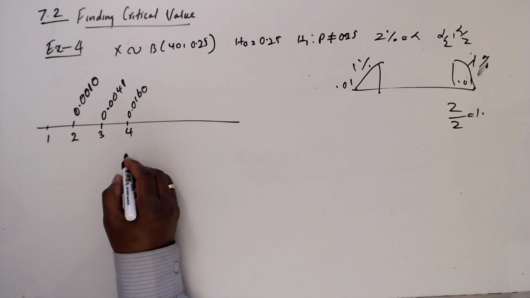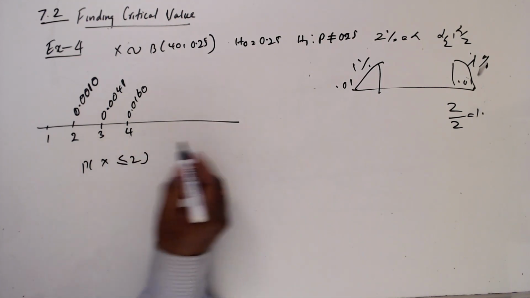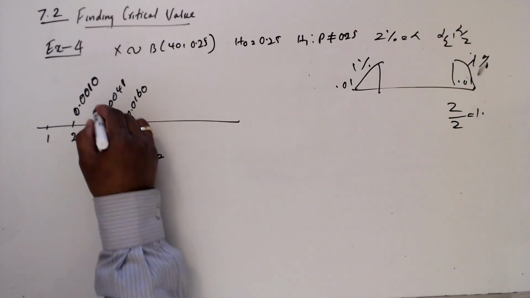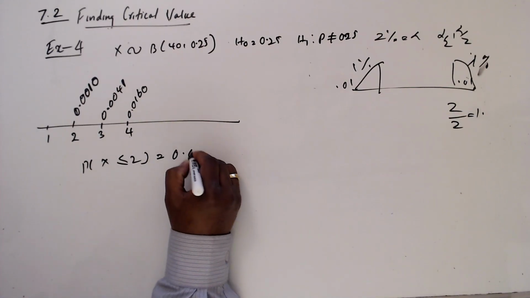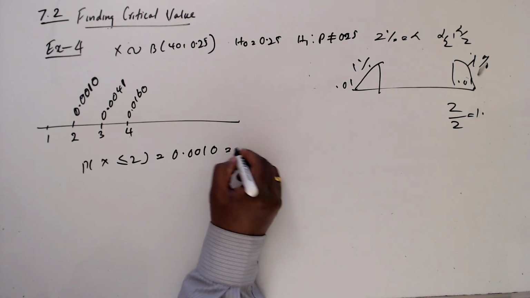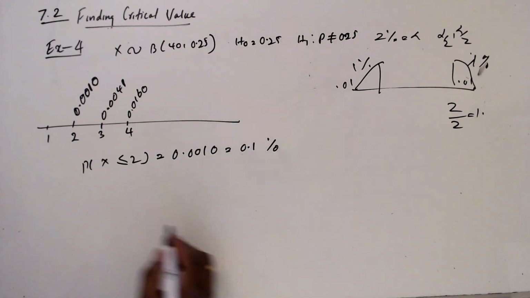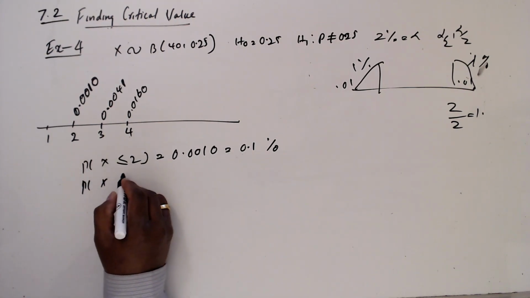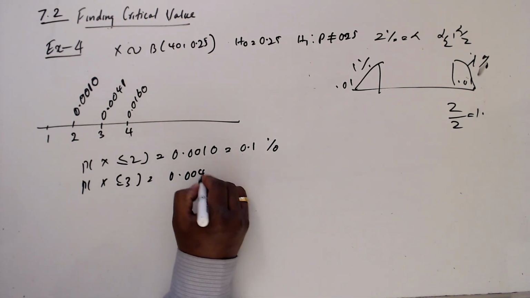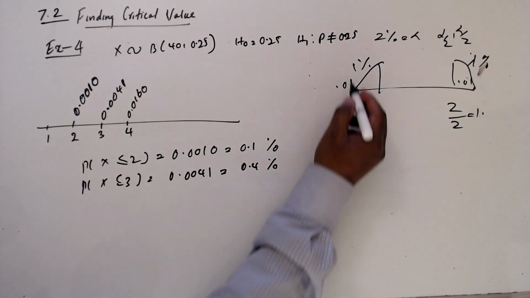So we'll find the probability of x less than or equal to, so this is the cumulative table from the book, is given 0.0001, which is 0.01%. Probability of x less than or equal to 3, 0.0041, that is 0.4%. We need 1%.